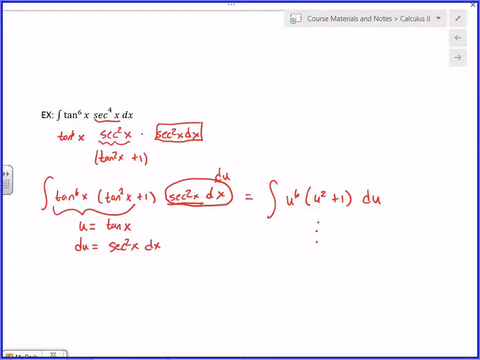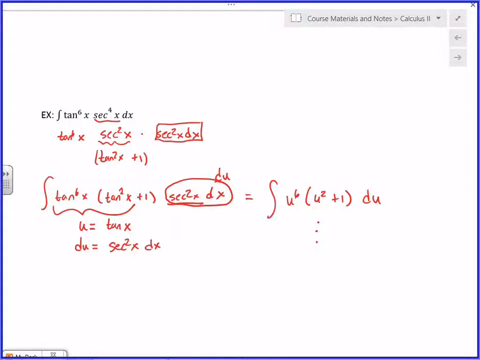You could write secant 4 and then secant 1, and that is equal to that. But there is no substitution u where du gives me a secant x dx.